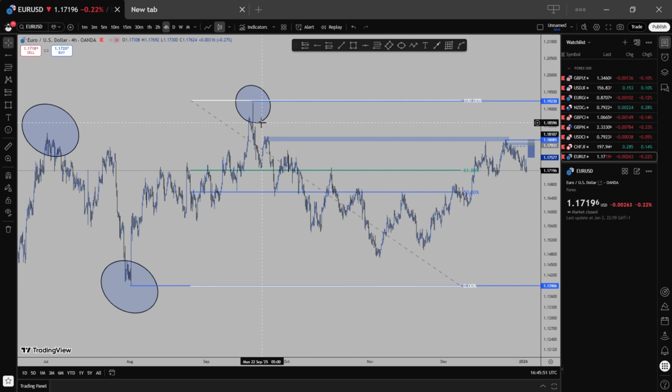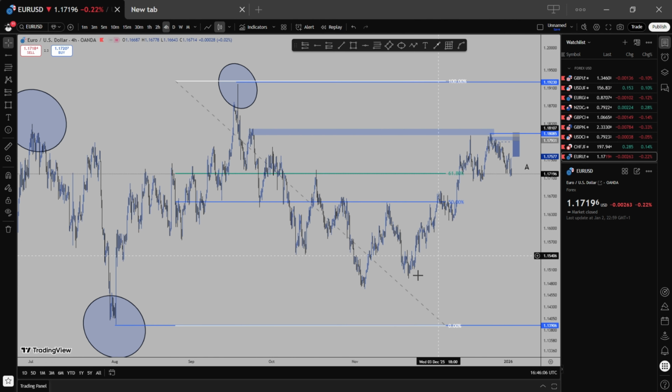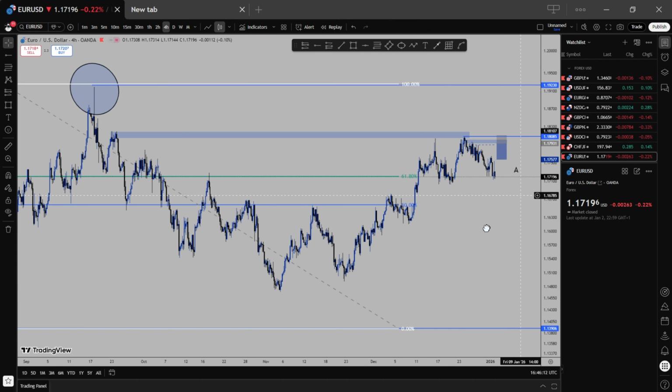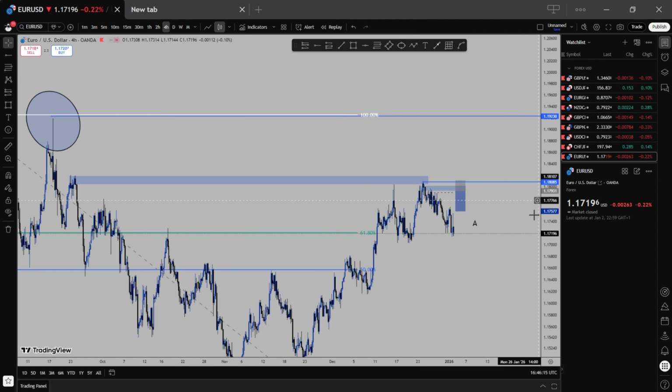As you can see, price has retraced and taken out the last low. It has retraced deep into the retracement area and finished its retracement. So at this point, I'm very, very sure that price is going up to break structure and continue in its bullish trend. So even if this is an A setup, I will not be taking this.